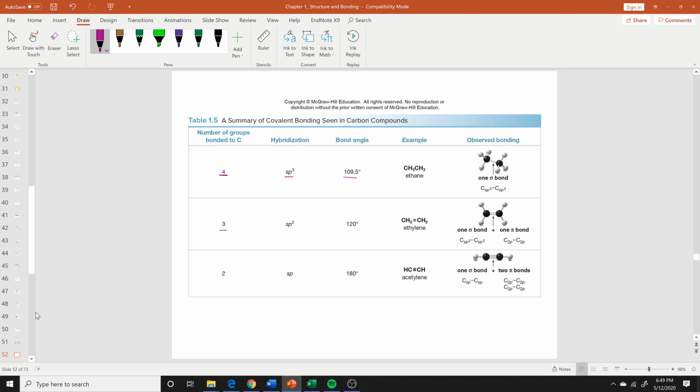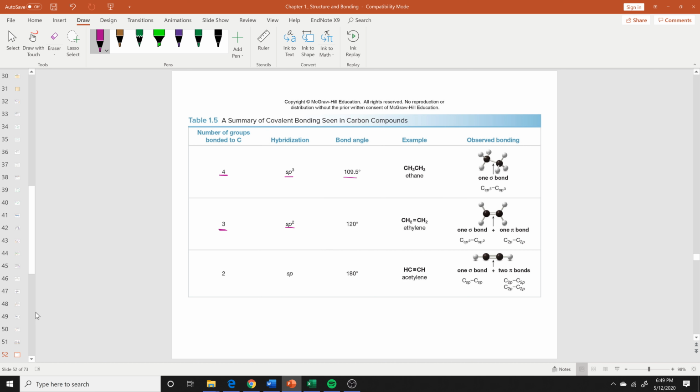If you have 3 groups bonded to the carbon, then the hybridization is sp2, because you would need 3 orbitals in this case. So the number of groups around the central atom is the same as the number of orbitals needed, and this is how you get your hybridization.